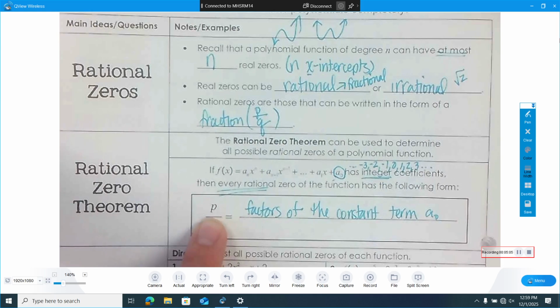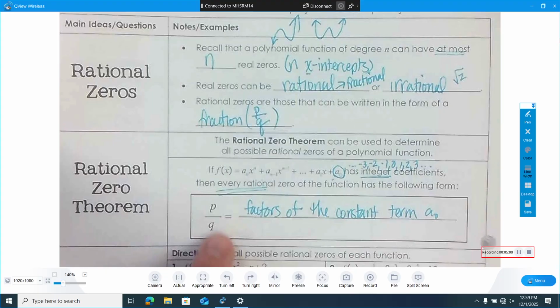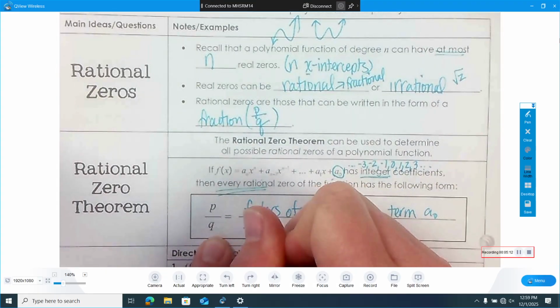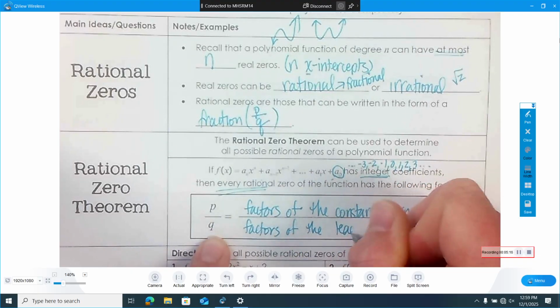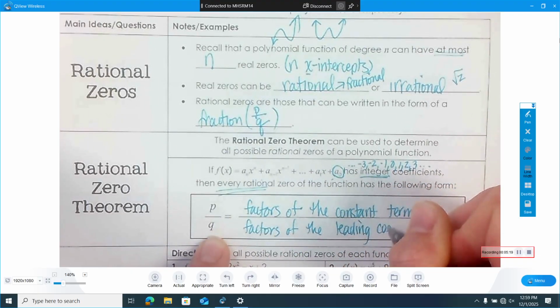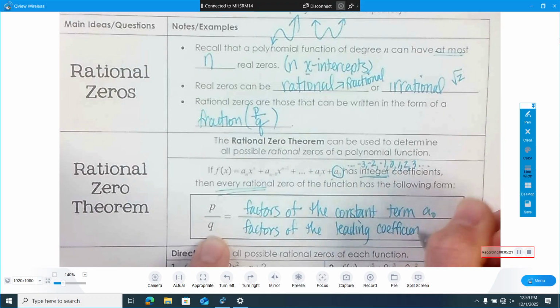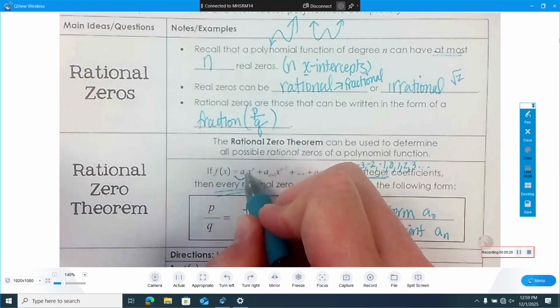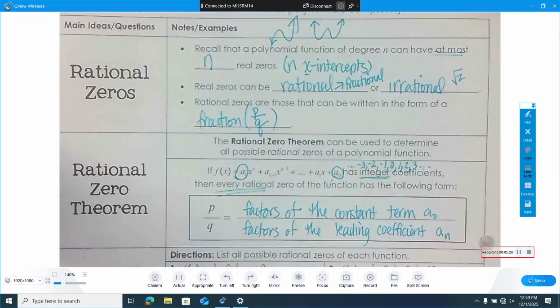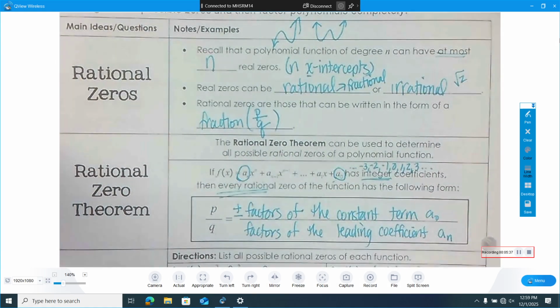Whatever the last number is, it is the factors of the constant term over the factors of the leading coefficient, which is a sub n. It is the first coefficient. So it's the last coefficient over the first coefficient and all the factors and all the combinations of that, plus or minus.